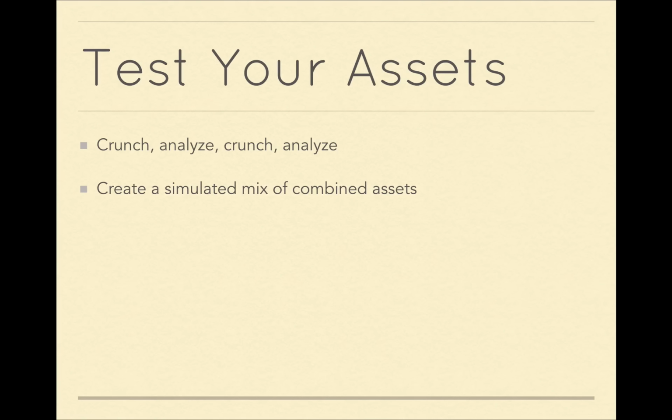And then another thing you can do is create a simulated mix of combined assets. Now, if you're actually going to be the person implementing the audio into the app, then you'll just put them in the app and test them out that way. But if you're not going to be that person, then create a mix. What's helpful about this is you can listen to one asset by itself all you want, and it could sound great.